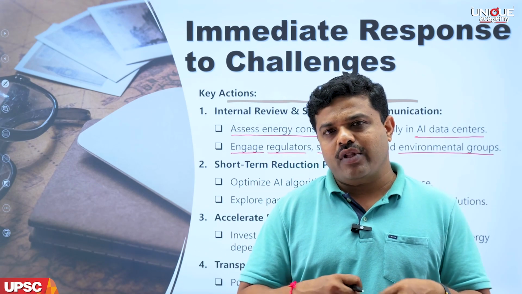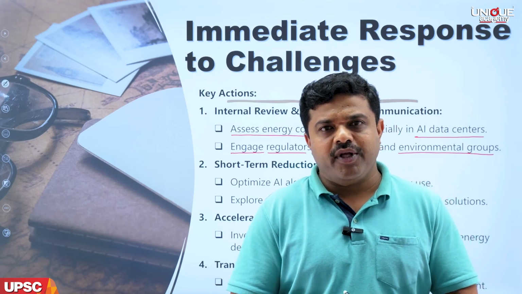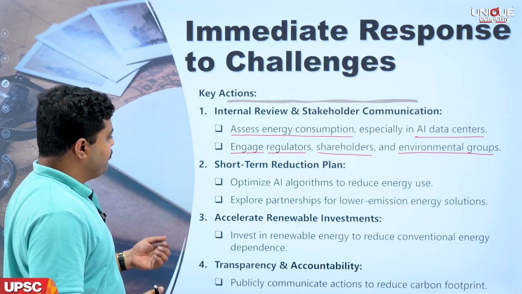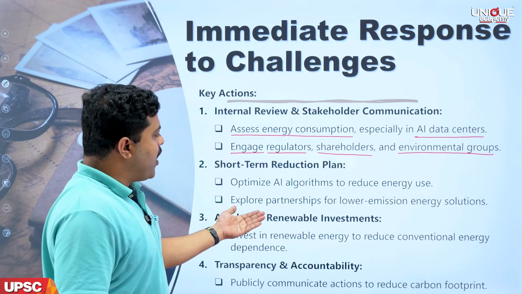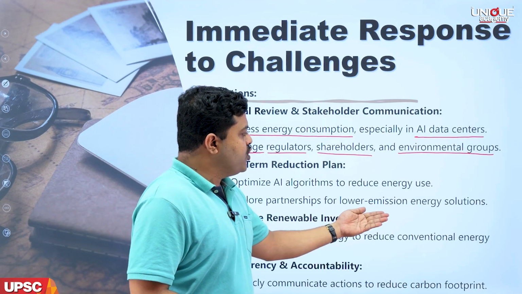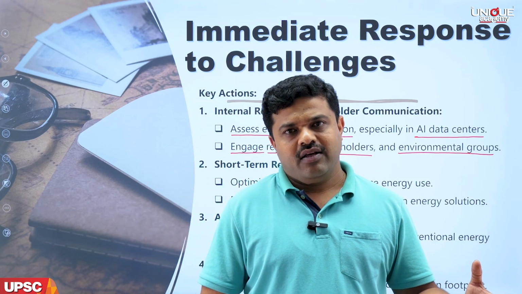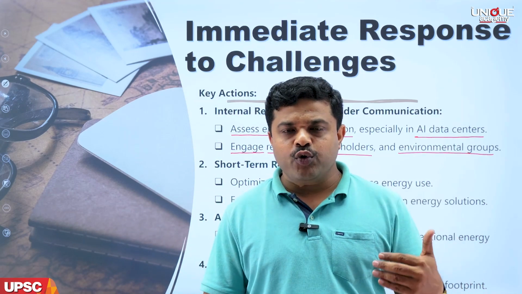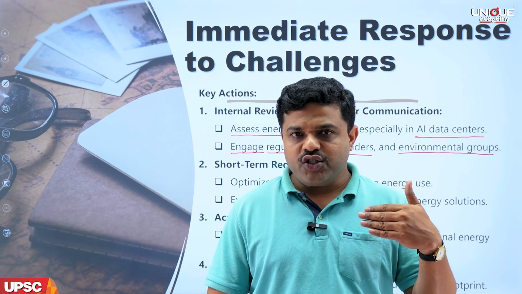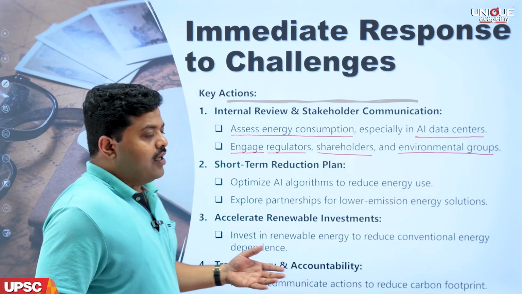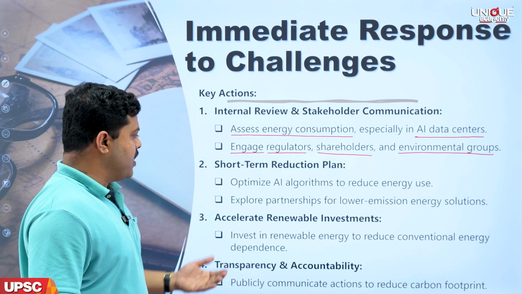Optimize the algorithm so that not too much processing is required, and in turn that will not require a lot of energy. Second, explore partnerships for lower emission energy solutions. There are experts in the market, various consultants who can help you achieve these short-term goals. So partner with them and you can achieve this short-term reduction plan.